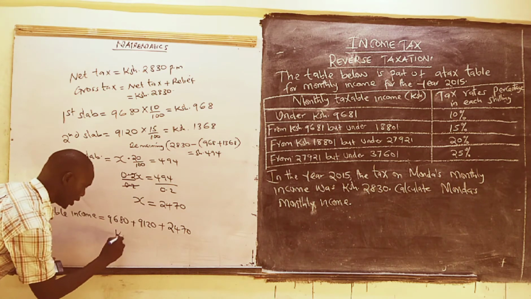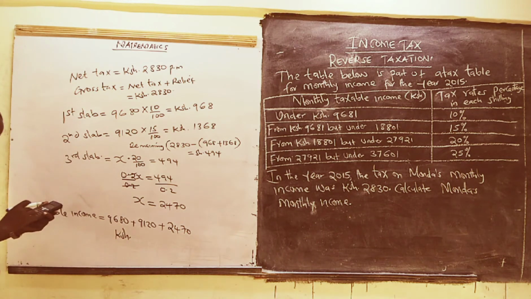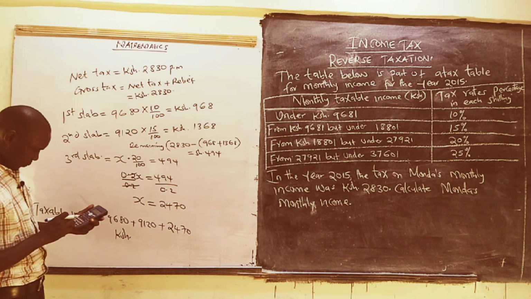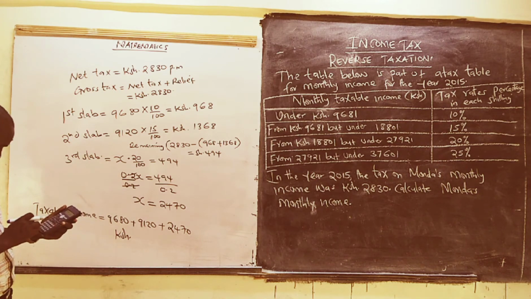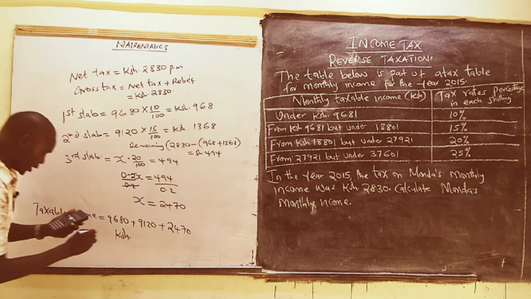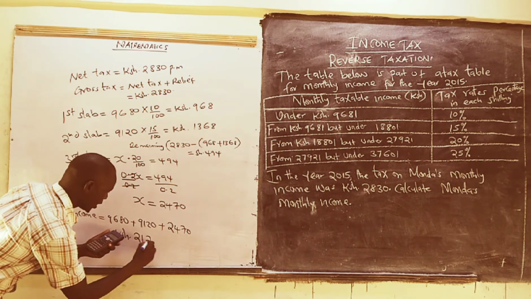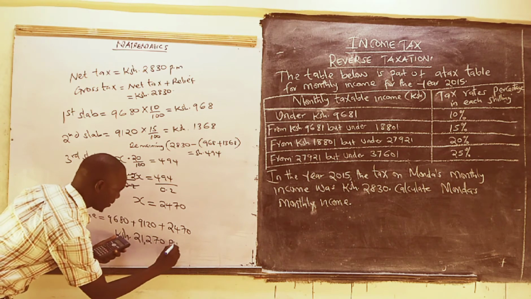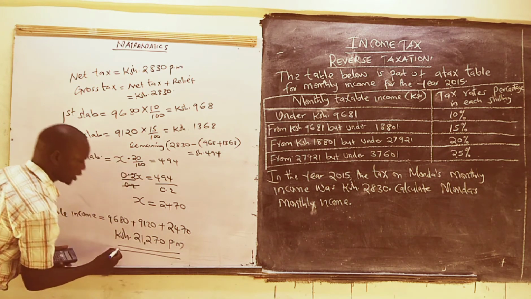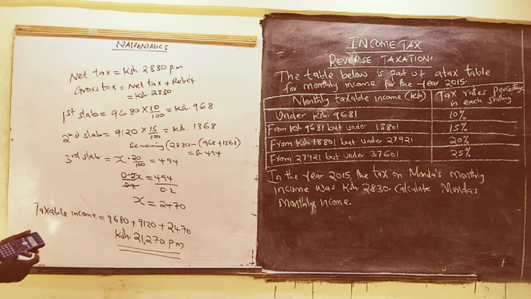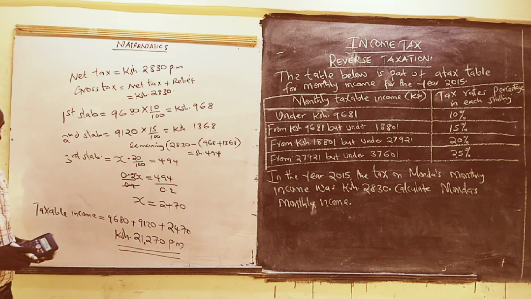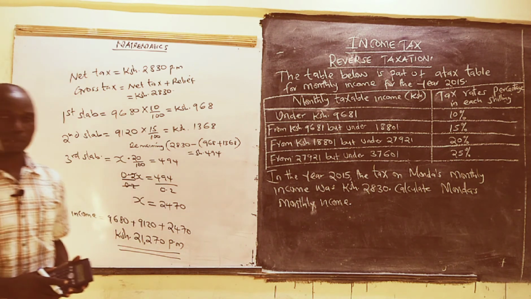And the total here is 2470 plus 9120 plus 9680, which gives us Kenya shillings 21,270 per month. That is the monthly taxable income, or the total amount of money that Monda earned.